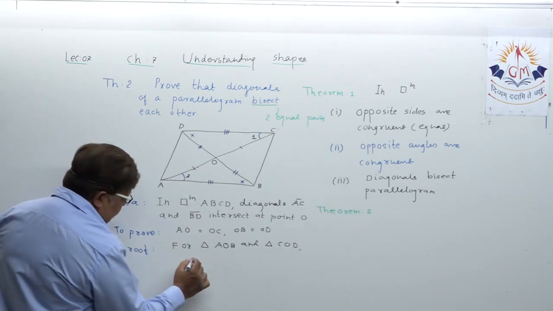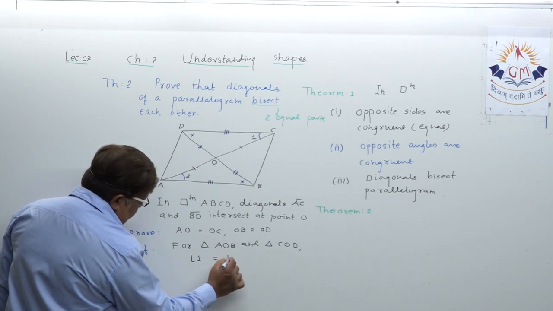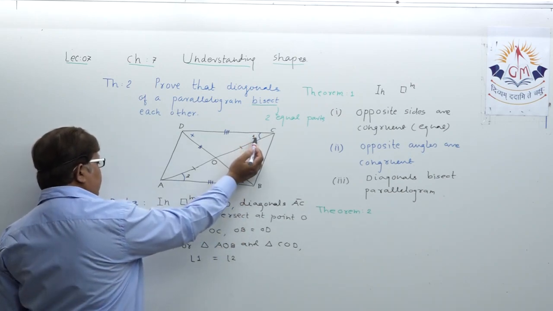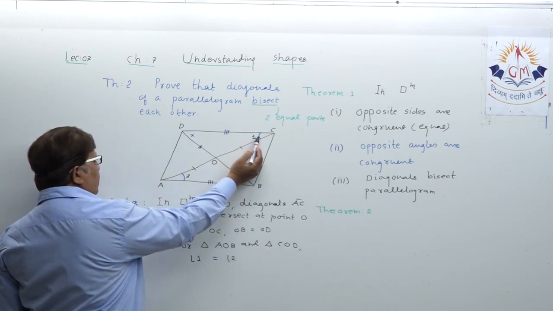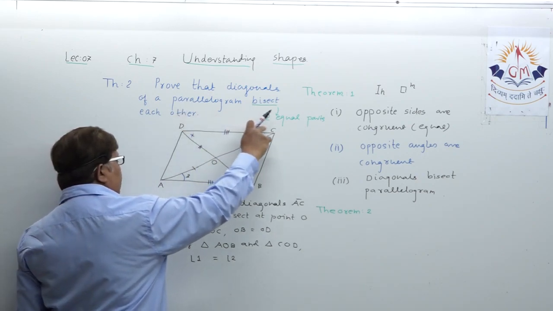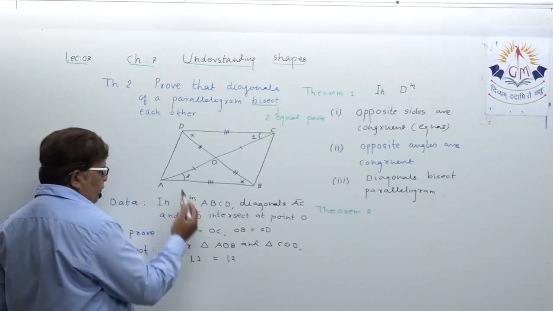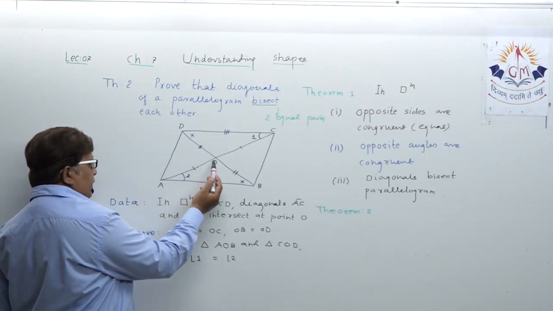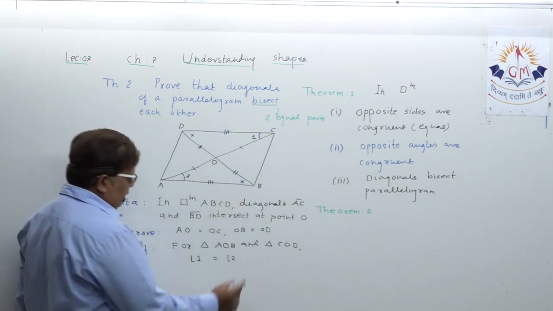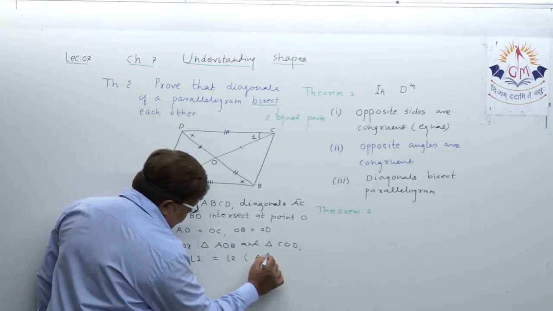So let me write first angle 1 equal to angle 2. You can name them in full also. In exam, if you do not want to write angle 1, you can write angle DCO. If you do not want to write angle 2, you can write angle OAB. That is your choice. Angle 1 equal to angle 2. What is the reason?